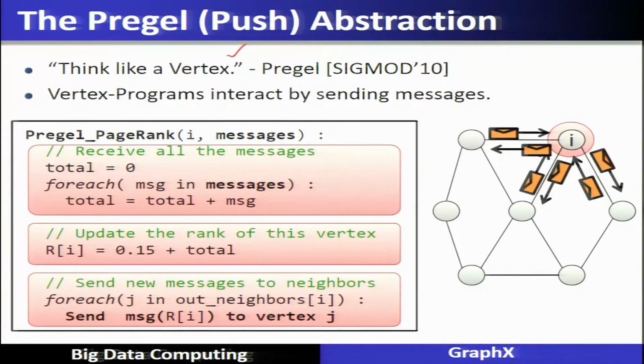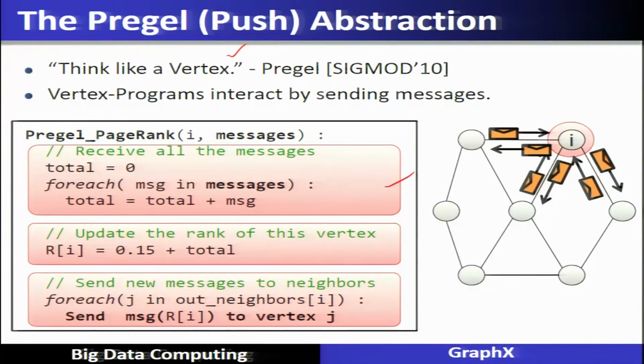That means you have to think like a vertex, and it does not require MapReduce to be introduced in the program. Only vertex-centric computations or programs can be written by the programmer. Hence it becomes very easy to write graph algorithms using Pregel. Now, vertex programs interact by sending messages.